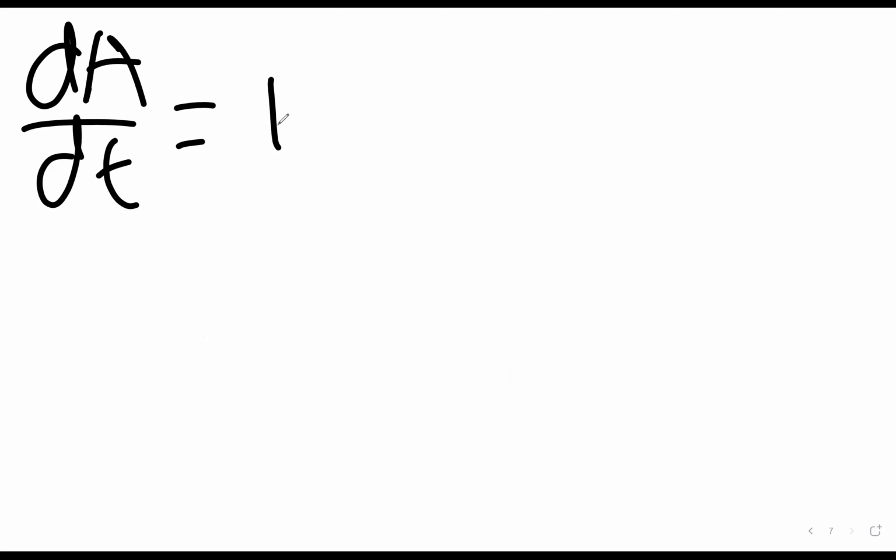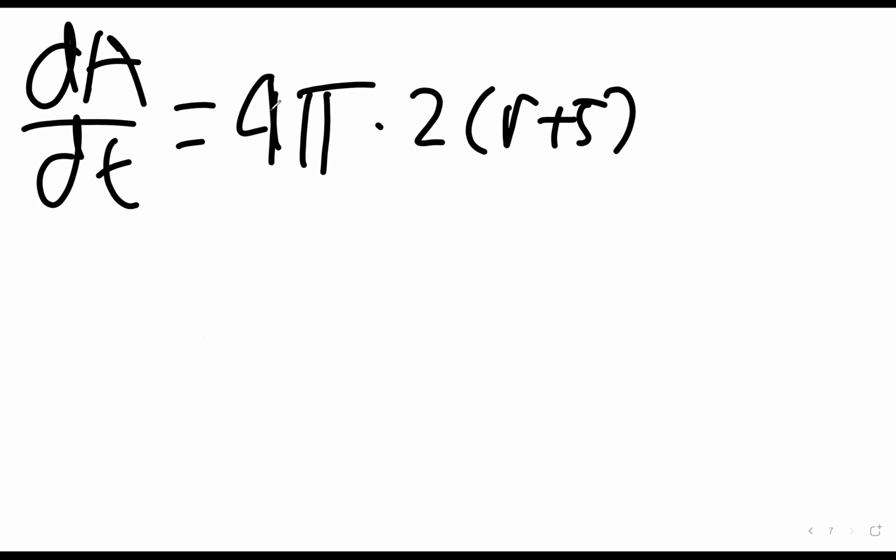So dA/dt, just calculate it directly: 4 pi multiplied by 2(r plus 5), and then the derivative of r plus 5 with respect to t is dr/dt.